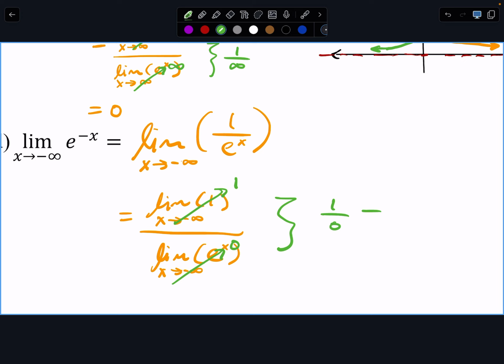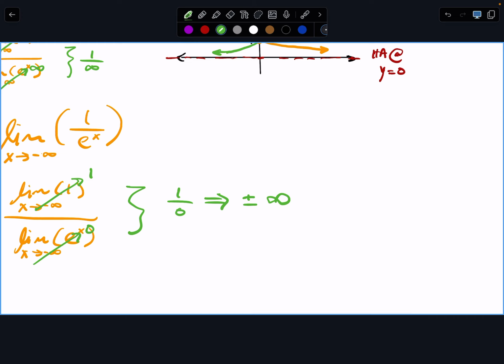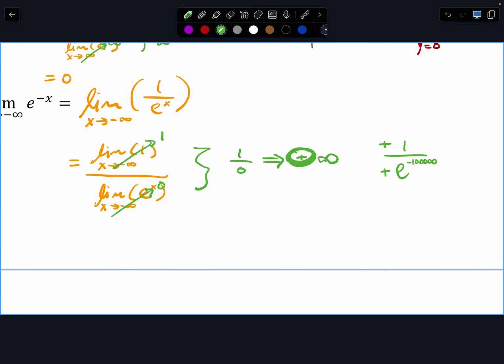This indicates that the limit is positive or negative infinity, and if you wanted to use the approach we previously did of test values, like plugging in negative 1 million, we're like, okay, 1 over e to the negative 1 millionth power, and we're just checking signs. This numerator would be positive. The denominator would also be positive, indicating positive over positive. This would be positive infinity.